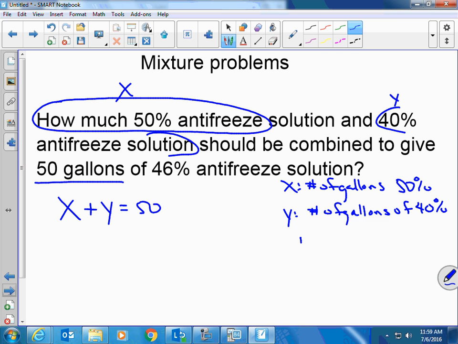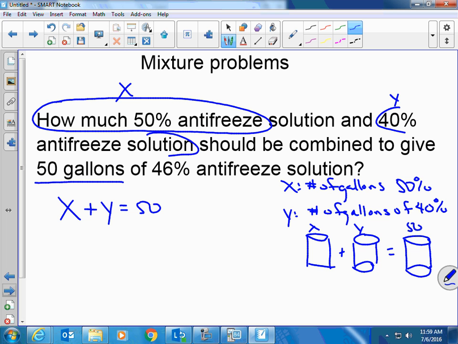So a rough, crude picture is we have this tank or container of the 50% antifreeze. We'll go ahead and be fancy and draw it. We have this tank of 40% antifreeze, and we have a total of this amount. So we take whatever we have from here plus whatever we have from here, and it's going to equal 50 gallons.